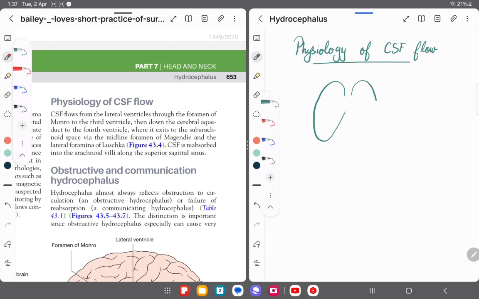We have the lateral ventricles, which through a narrow channel drain into the third ventricle, which drains into the fourth ventricle, which then drains into the central canal. So this is the basic structure of the ventricles.